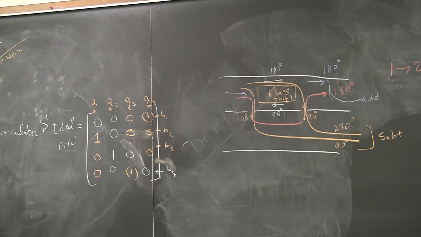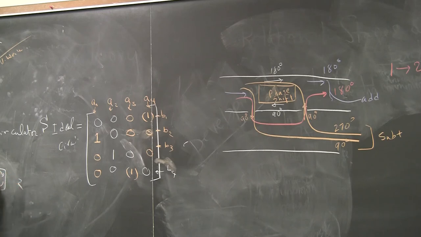If you have a four-port device, let's make it clockwise: 1, 2, 3, 4.